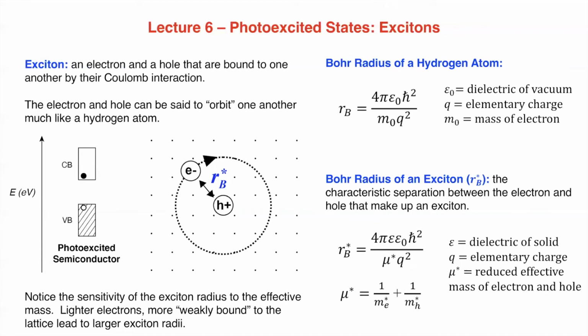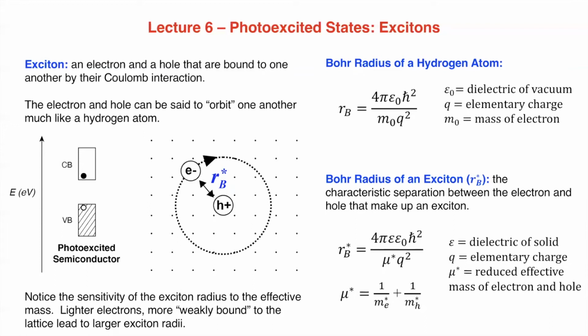So here I've talked to you, you can think about the electron and the hole orbiting each other in the material, okay? And it's sort of like an electron that's attracted to the nucleus of a hydrogen atom. So in this picture, the hole kind of behaves a little bit like the nucleus does.